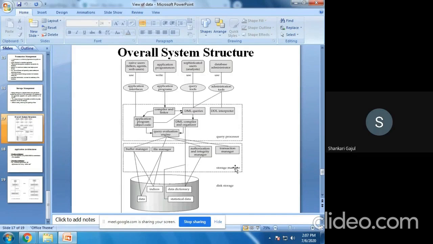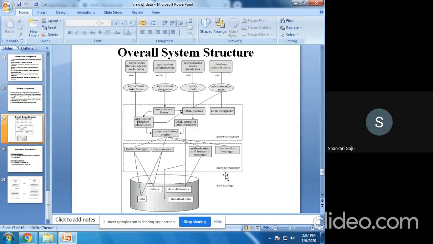So what about the storage manager? Basically, the storage manager is the one that stores any kind of data in the database. Storage is important because a database requires a large amount of data to store.